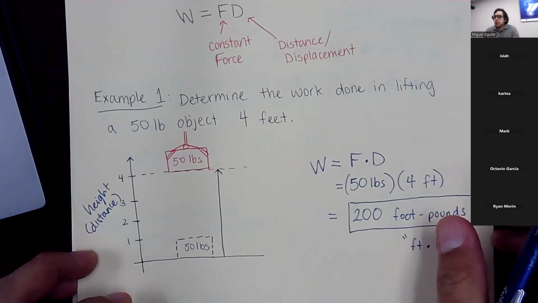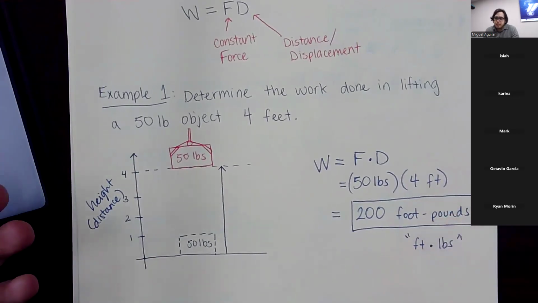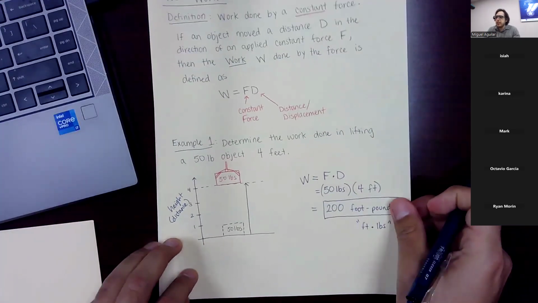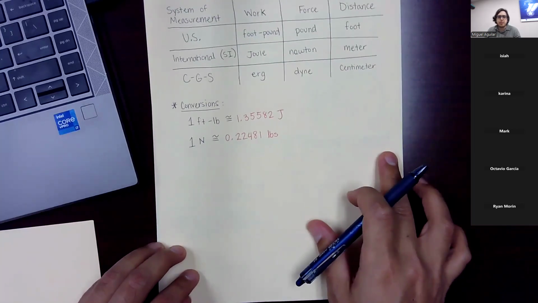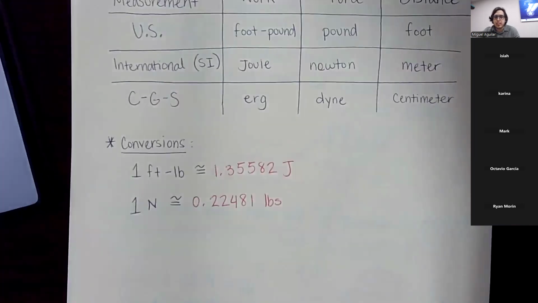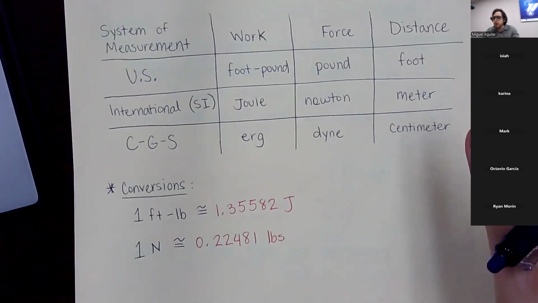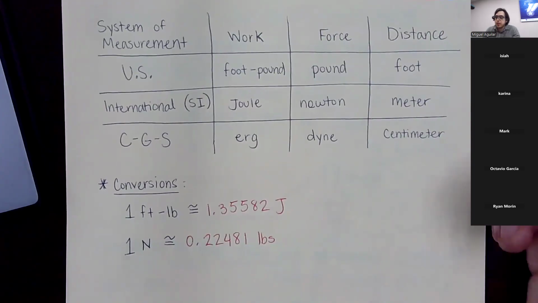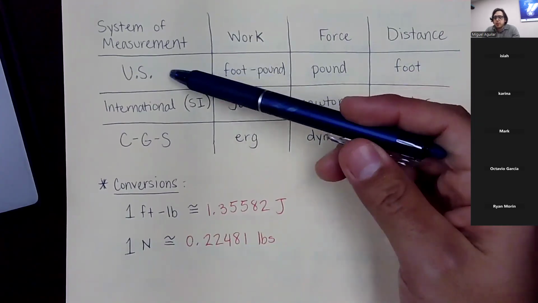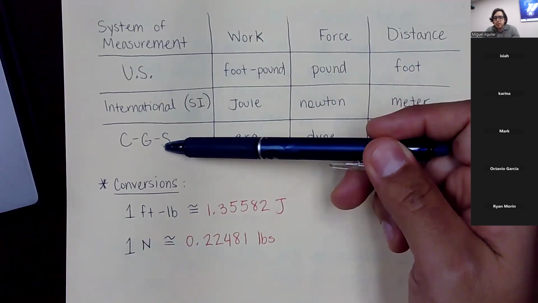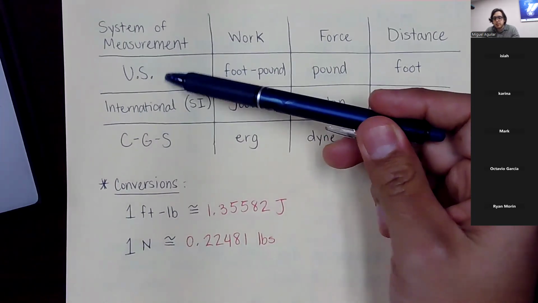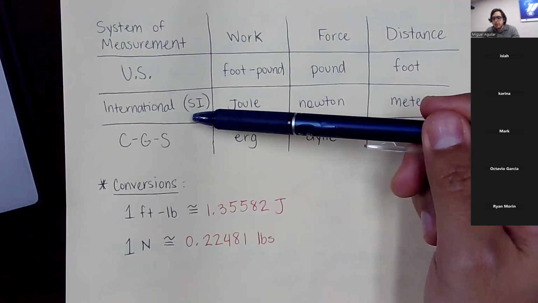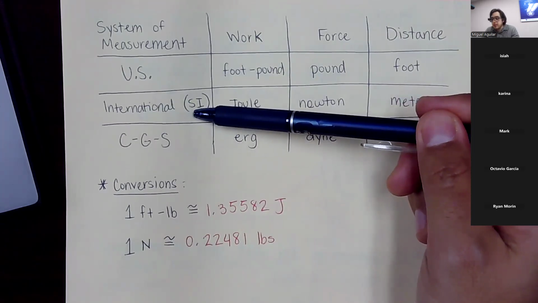But then obviously there are some things that we need to consider. First of which is that there are a bunch of different systems of measurements. I don't know where you are in your math or engineering education, but you should be familiar that there are these different systems of measurements, like the US system, sometimes called US standard measurements, and the international system of measurements.